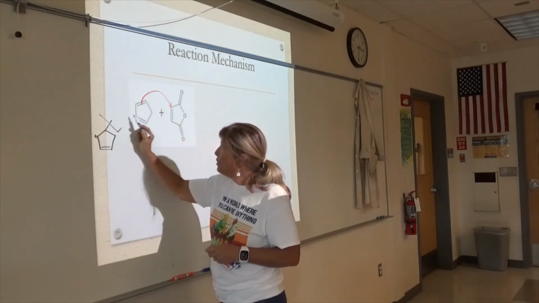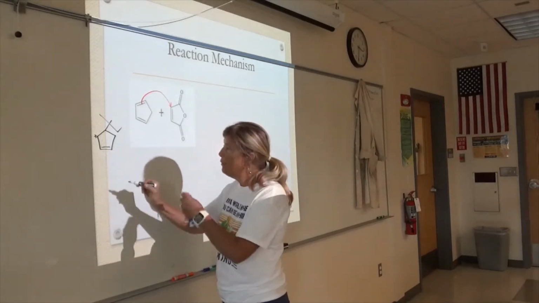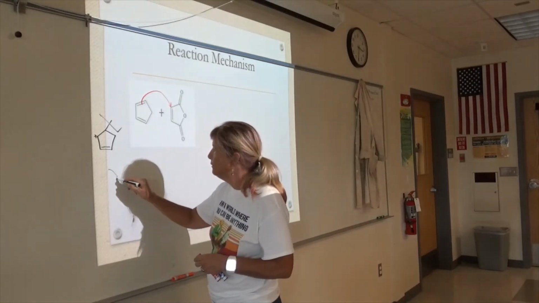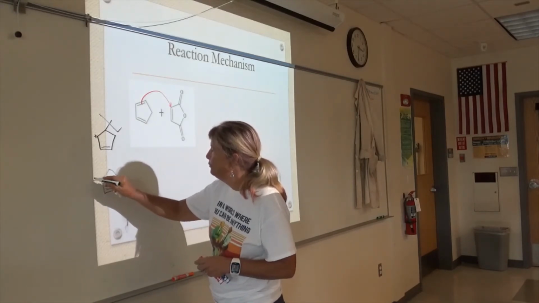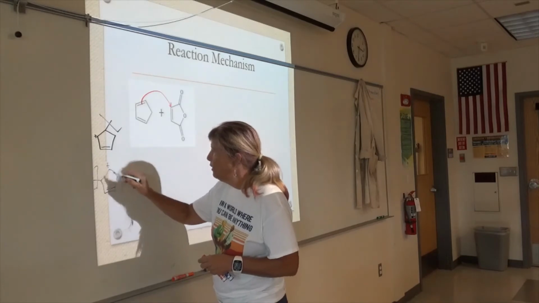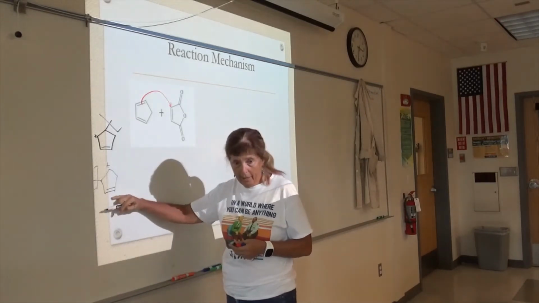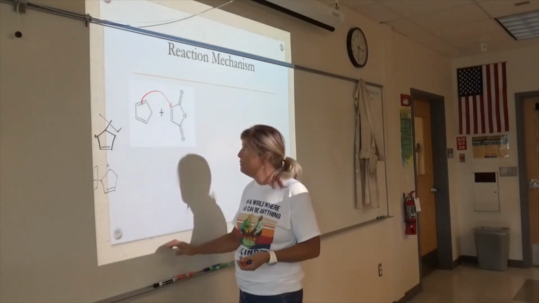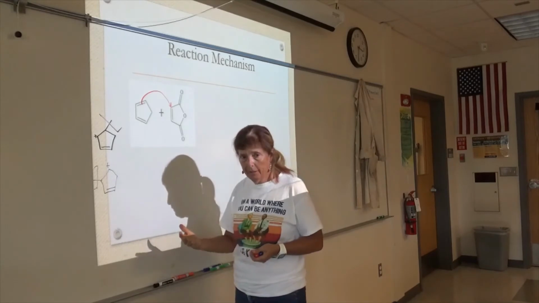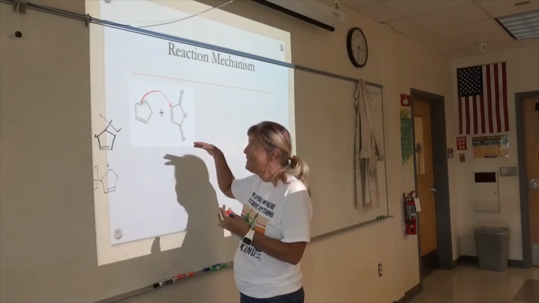If this carbon is the carbocation, then it can be resonance stabilized. If it were the other way around, the resulting carbocation would be too far away from the pi bond that's left in our diene to be resonance stabilized. Okay. However, because of stereochemistry and other things, we know that it doesn't stop.